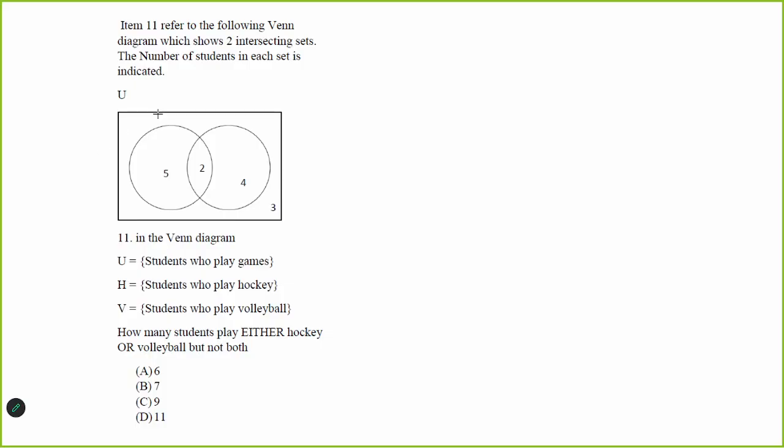Right, so this one was hockey and this one was volleyball. How many students played either hockey or volleyball but not both? That would be 5 plus 4, which is 9. So 9 would be your answer. Both is 2. And the 3 persons, they didn't play any of them.